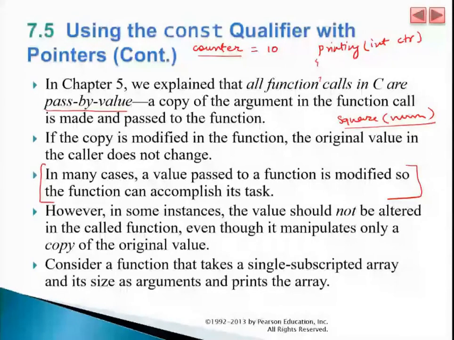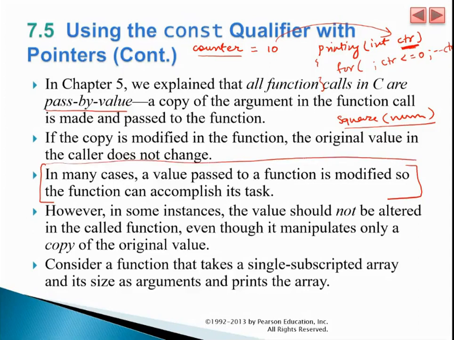There is no need to initialize because it is already initialized with 10. I will check whether the counter is greater than or equal to 1, and keep on decrementing the value of the counter variable. Now here, there is a requirement to change the value which is passed in the argument. We are actually changing the value of this local variable. So generally, in many cases, the value that is passed to the function needs to be modified in order to accomplish the task.